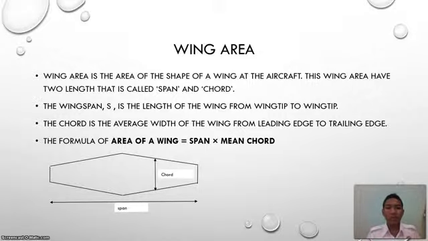The chord is the average width of the wing from leading edge to the trailing edge. The leading edge is in the center, while the trailing edge is at the outermost side of the wing. The formula of wing area is span times mean chord, where mean chord is the average of the length of the chord.